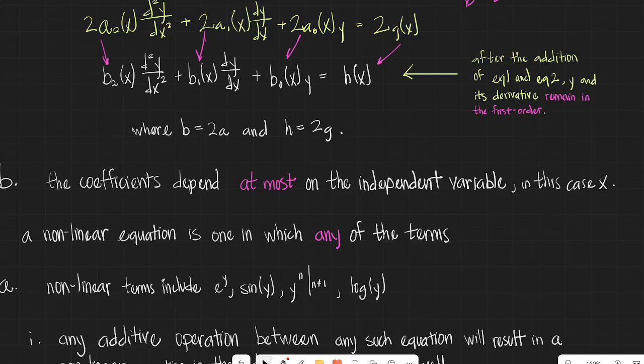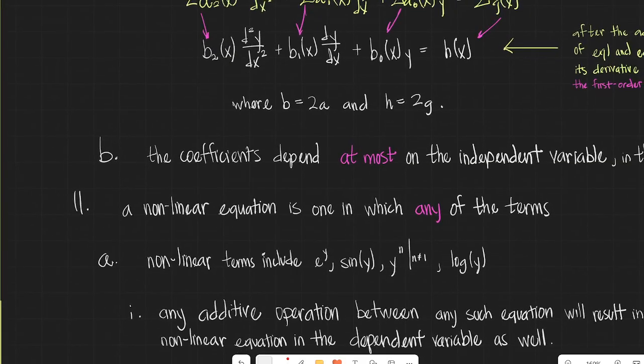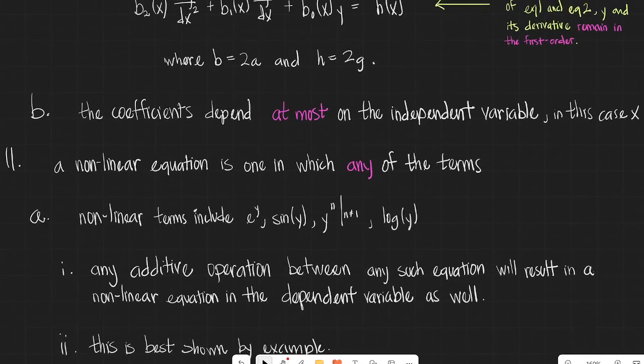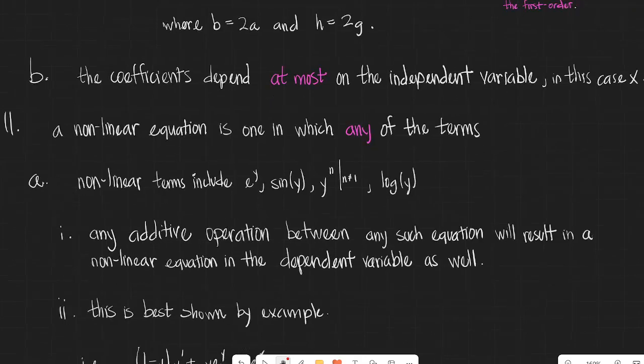And then a nonlinear equation is simply an equation that is nonlinear in any of the terms for the dependent variable. So just the opposite of what I was talking about.